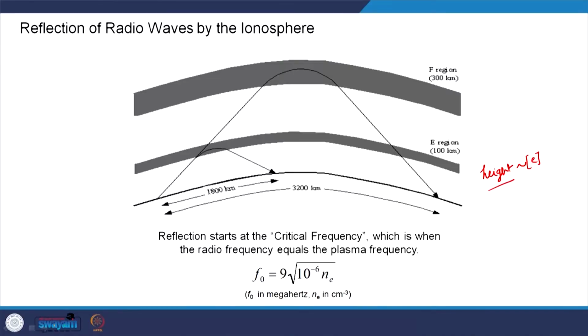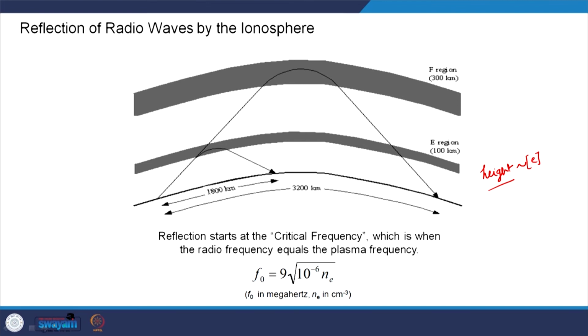Generally, reflection of the incoming radio wave signal starts at the critical frequency, which is when the radio frequency that you are using to communicate becomes equal to the plasma frequency. Now, in our discussions of plasma physics, we have already derived a relation for the plasma frequency.